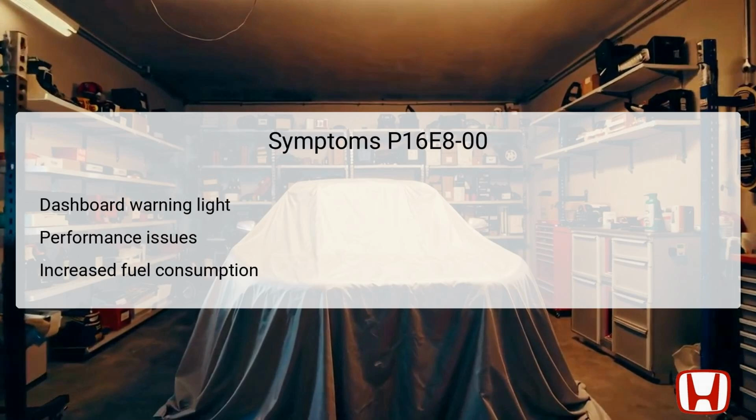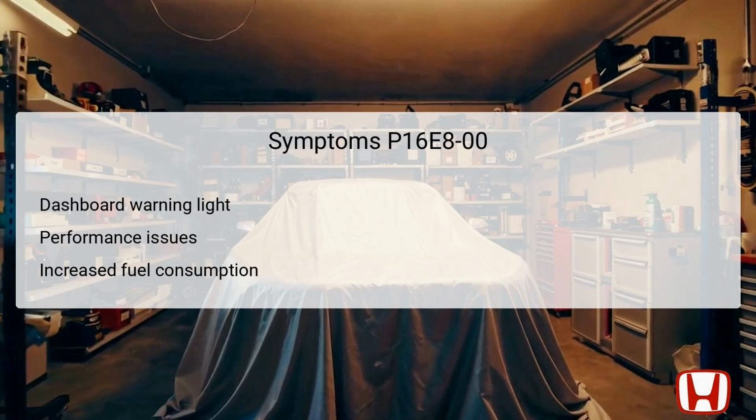The symptoms associated with the P16E8-00 error code can manifest in various ways. One of the most noticeable signs is a dashboard warning light that illuminates, alerting the driver to a fault in the vehicle's system.